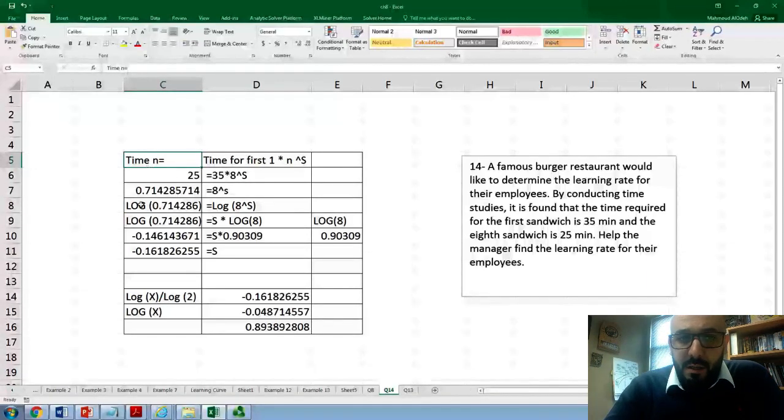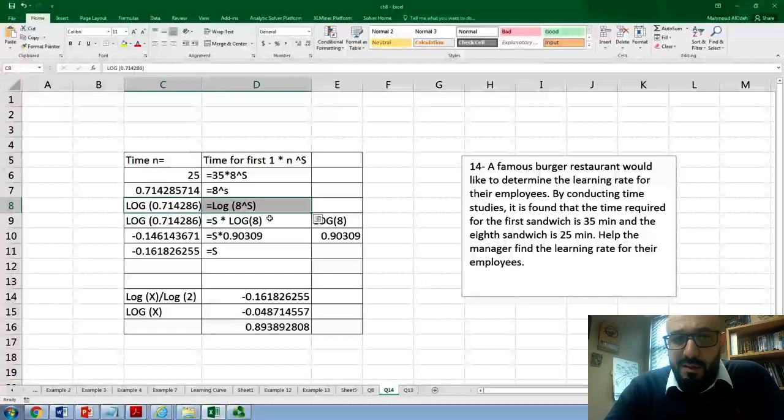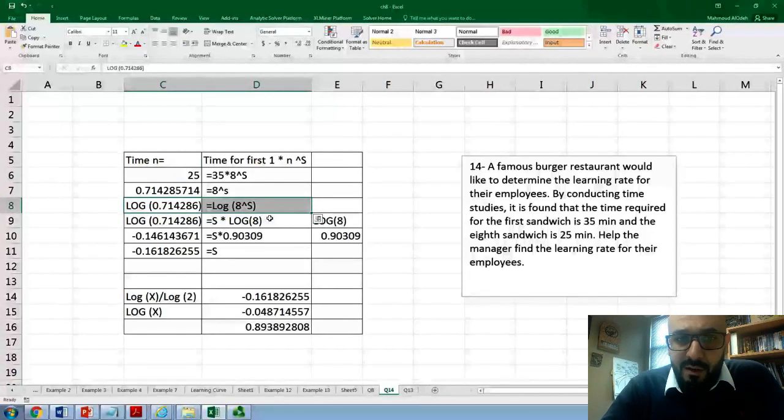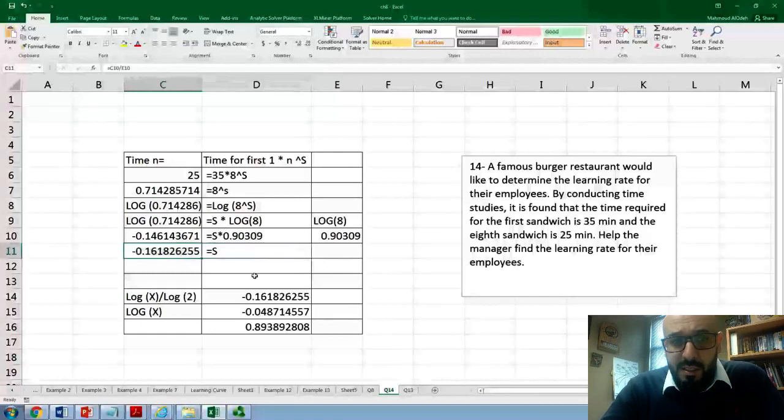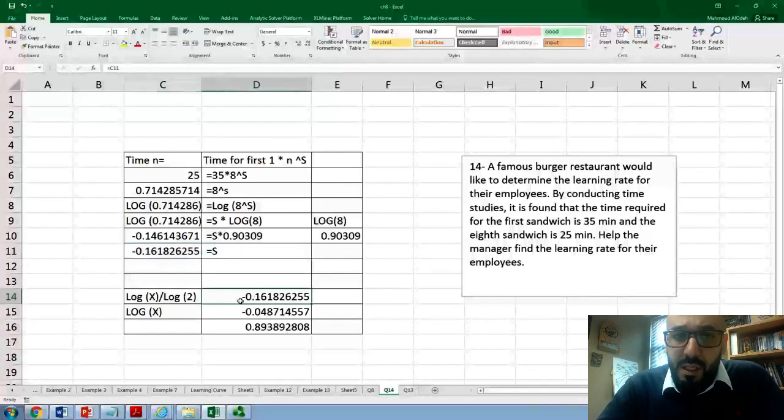You need to use some mathematical rules here to be able to remove the power of s, and this would let you solve the equation for s. This would give you s equal to negative 0.16, and then you make it equal to log x divided by log 2.